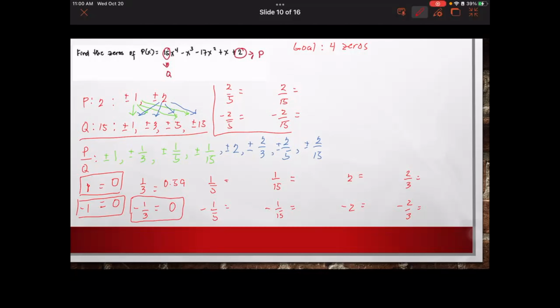How about 1/5? Oh, wala nang sumagot. 1/5.